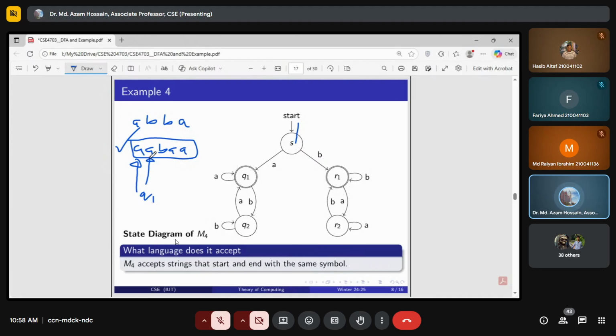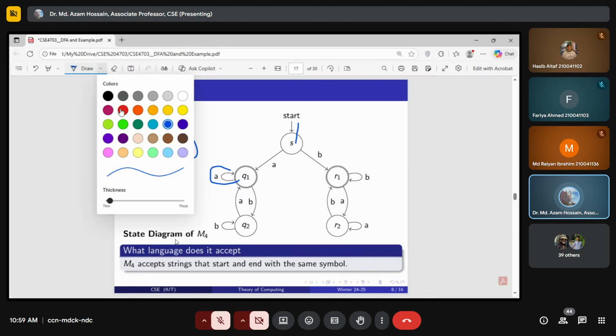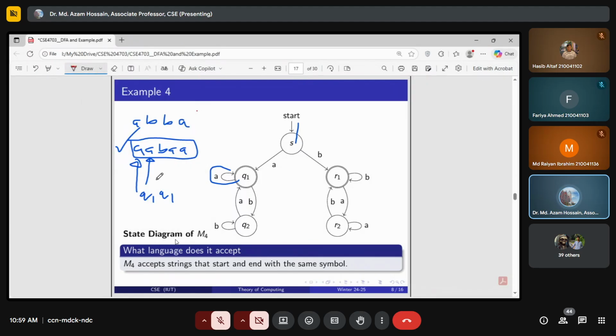Since you have A, you remain on the same state Q1. Next you consume input B. And once you read B at Q1, you will move to Q2.